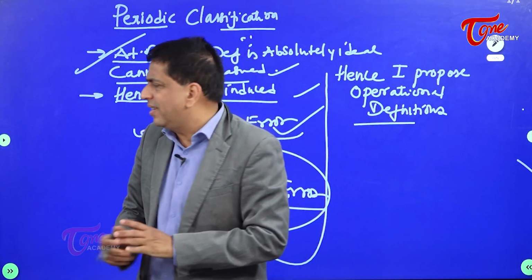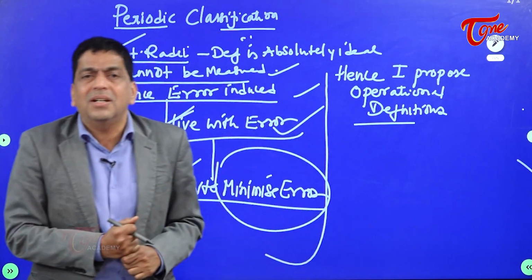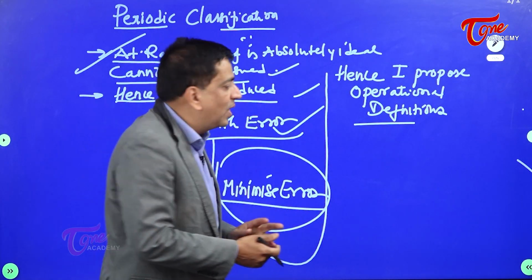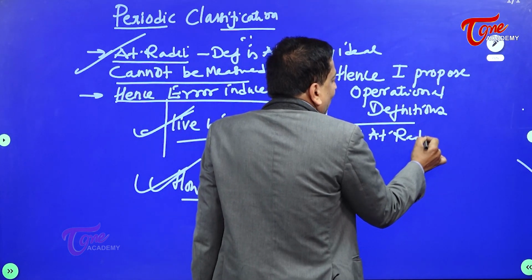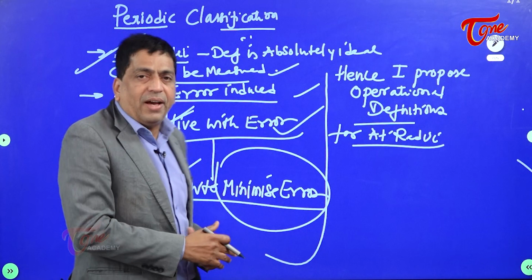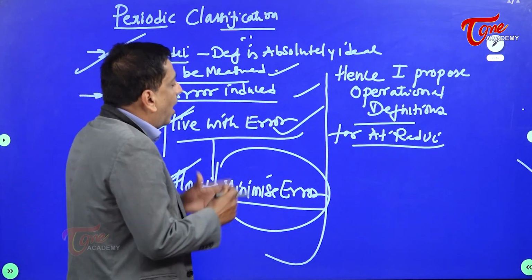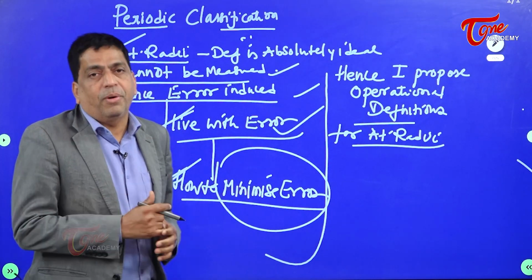Not like your ideal, bloody definition. You must understand. Hence, I propose operational definitions for atomic radii. What are the operational definitions?